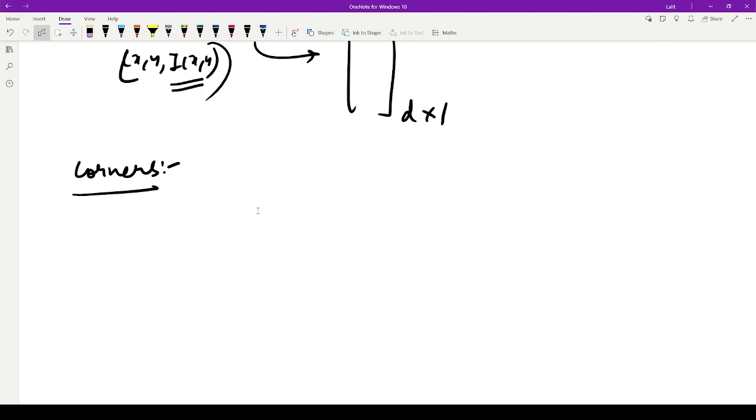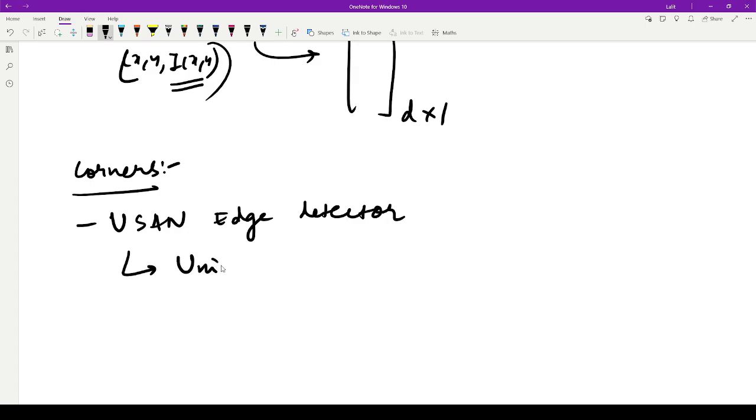So most of the focus in the literature was on detecting corners and edges. One of the methods given in the class was to use an edge detector called USAN, which stands for Uni-value Segment Assimilating Nucleus.